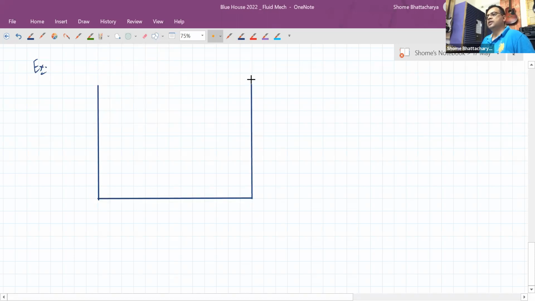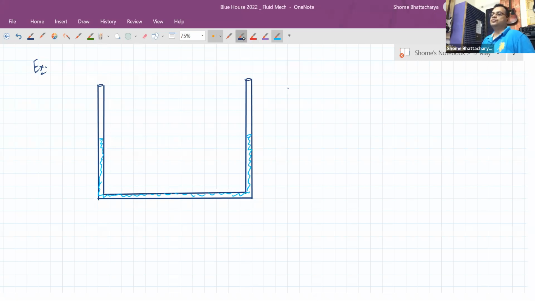So next, let's say we have this kind of a tube which we have bent into a U kind of a shape. So initially what we have done is we have kept water filled up to some height like this.